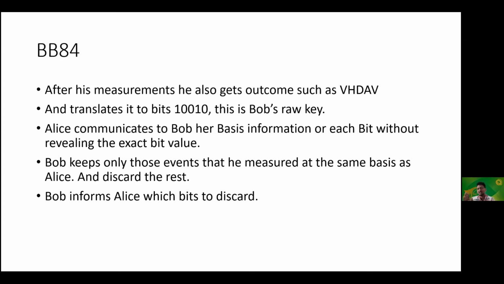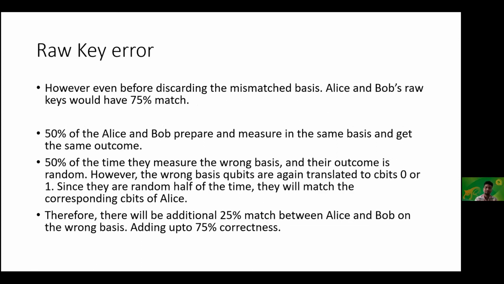If he has measured in the same basis as Alice prepared it, he will keep it. If the bases are mismatched, Bob will discard those events where he measured in the wrong basis. He will also inform Alice, saying these are the photons that I measured in the wrong basis, so please discard them. After that, they will have a sifted key.